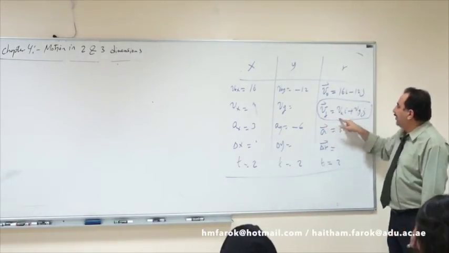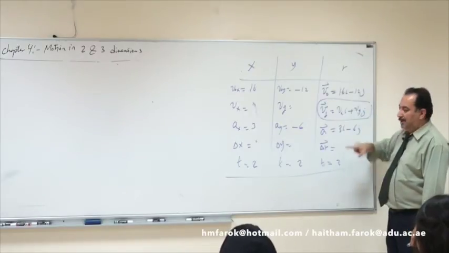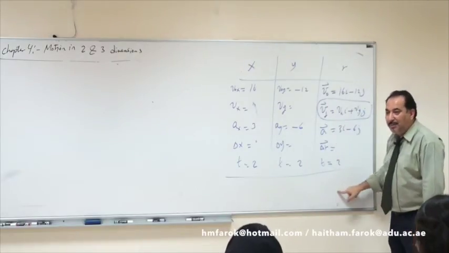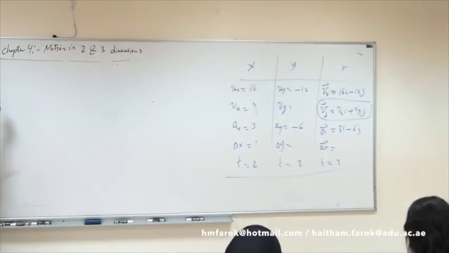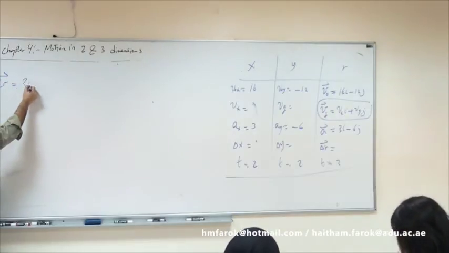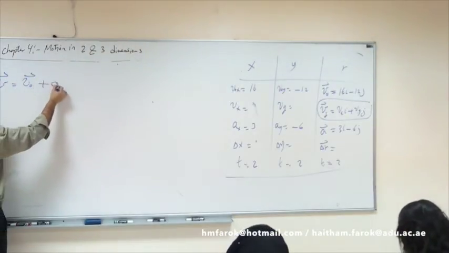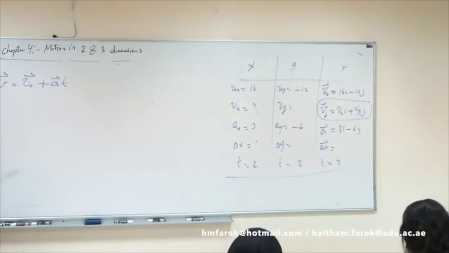So if I want V final, V initial known, acceleration, time, give me the equation of motion for 3 dimensions or 2 dimensions. What is it? Final velocity vector equals initial velocity vector plus acceleration vector multiplied by time.